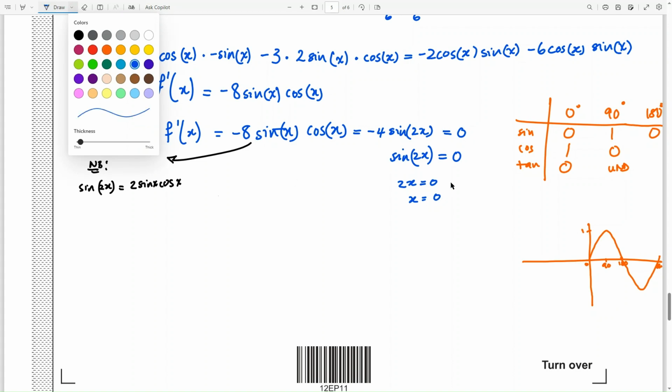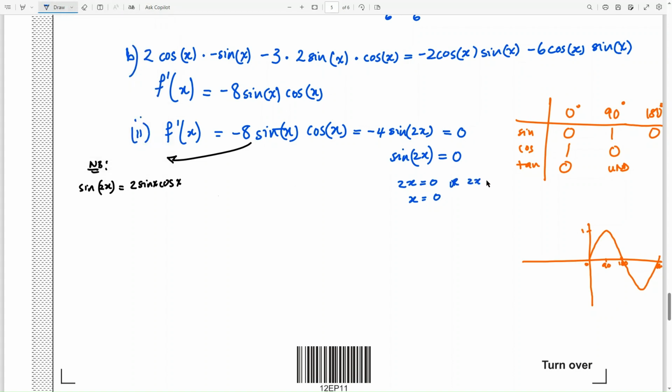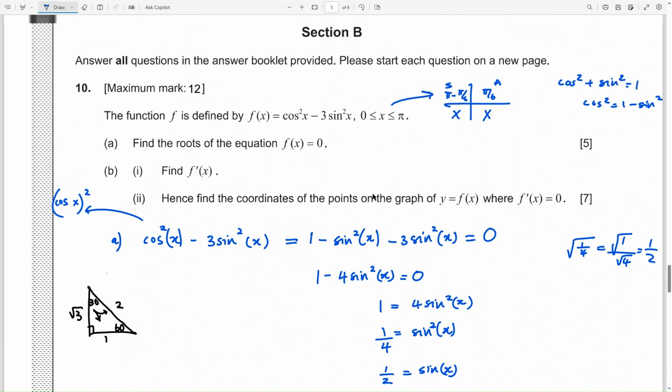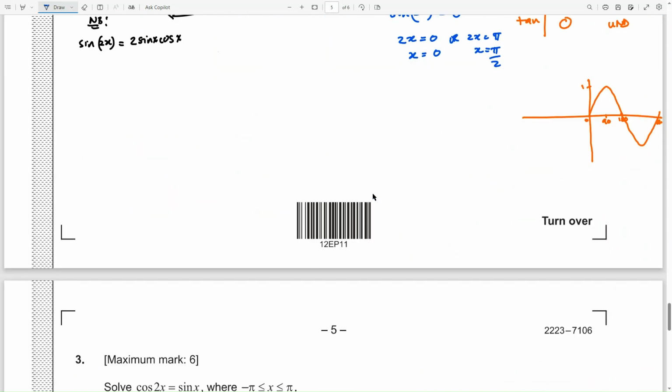So 2x can also be equal to 180 degrees, which is pi. And then if you divide both sides by 2, x could be pi over 2, which is still in the range that we're working with. It's still between 0 and pi. Or, again, another or: 2x can also be equal to 2 pi.